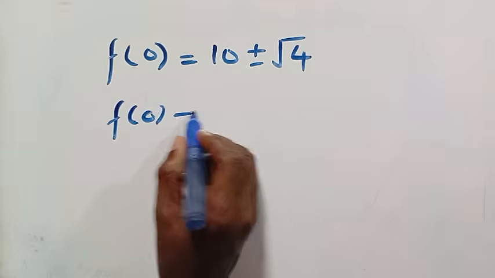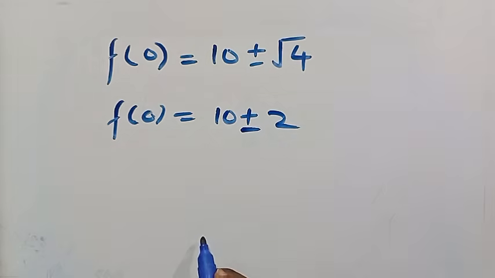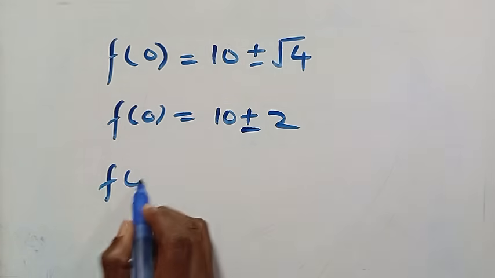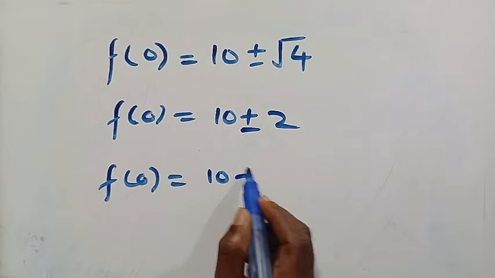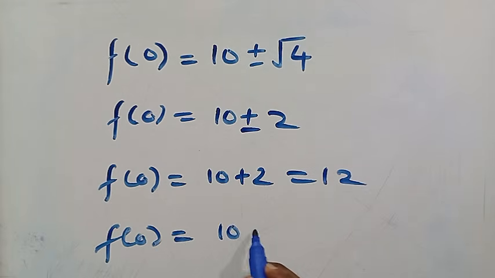For f of 0, this equals 10 plus or minus 2. The first is f of 0 equals 10 plus 2, and that gives us 12. And again, we have f of 0 equals 10 minus 2. This gives us 8.